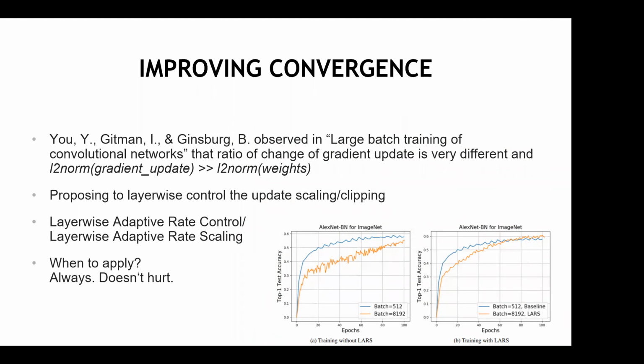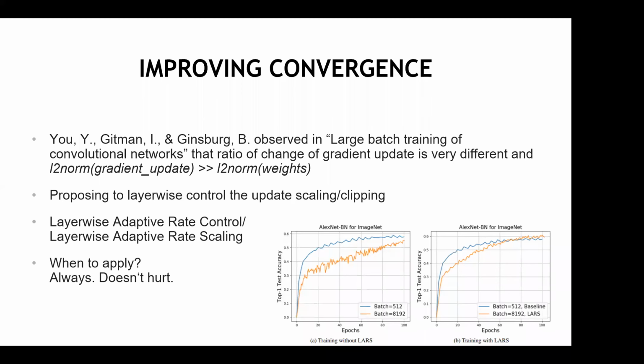And the basic finding, to repeat this from yesterday, was that colleagues, Boris Ginsburg was one of the main guys in here, and Igor Gitman, found out that when a gradient update is in its magnitude much higher than the weights, not the gradient, the weights, then that can indicate a problem and a divergence.